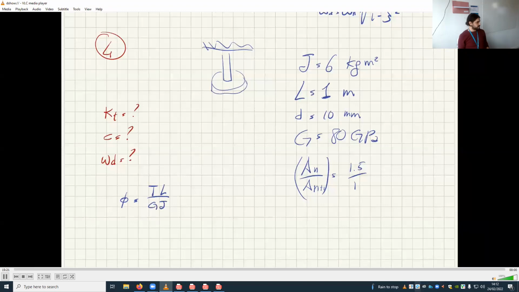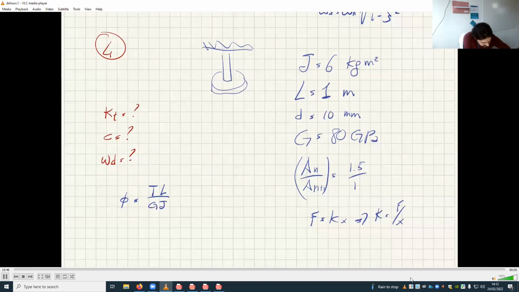Now, what is the stiffness? Remember, force is Kx, so the stiffness is force over displacement. Now, this is linear stiffness. We want torsional stiffness. Torsional stiffness is the torsional equivalent of the force, which is the torque, over the torsional equivalent of the displacement, which is the angle of twist.